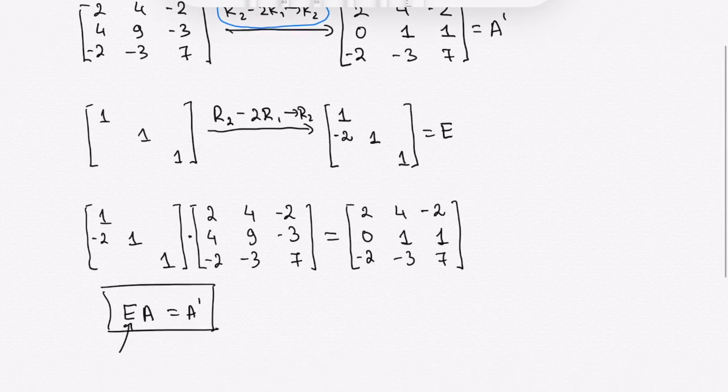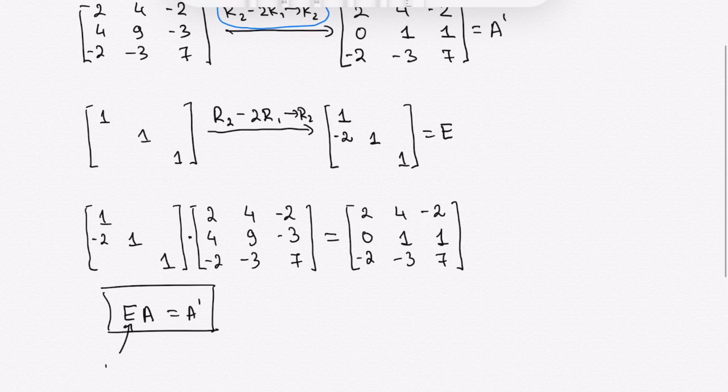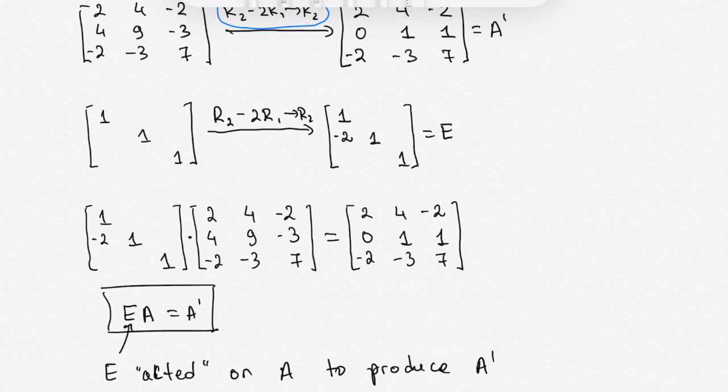So E acted on A to produce A prime. Now the question is, how can I undo E to go back?